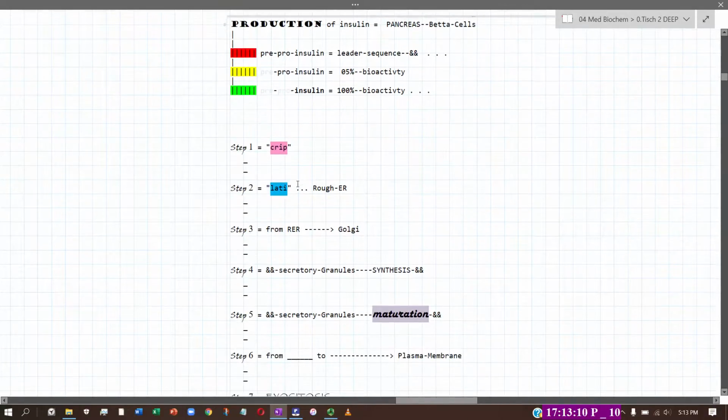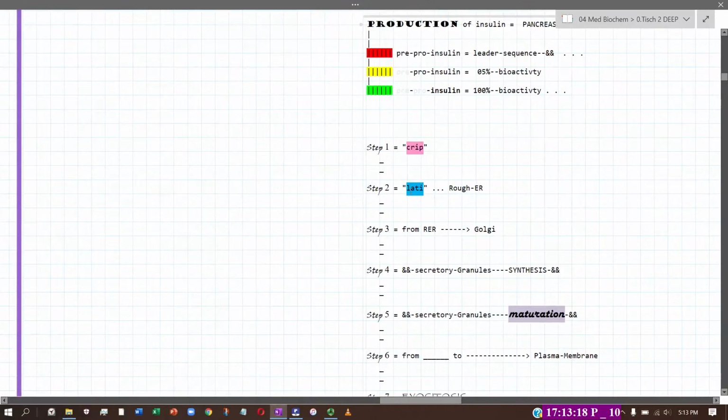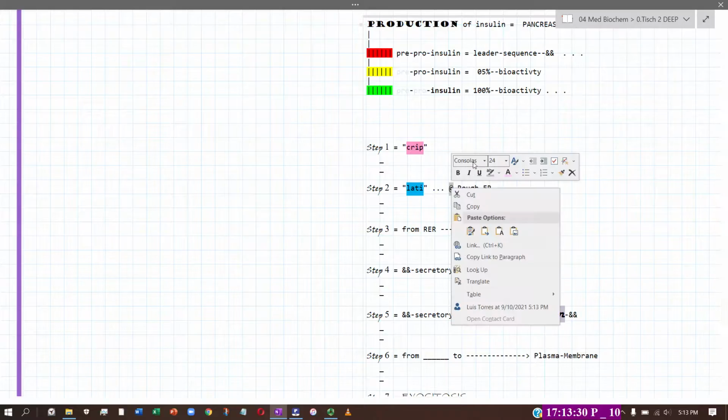Step 1 is transcription, which is pretty straightforward. And then translation, which happens at the rough ER. So again, we'll draw the at symbol, rough ER at symbol.